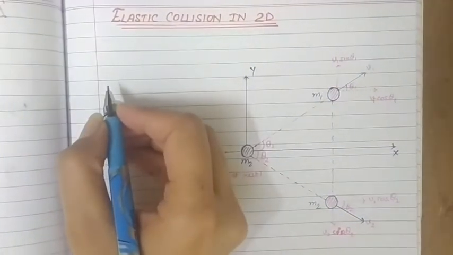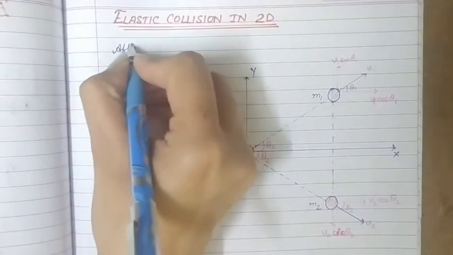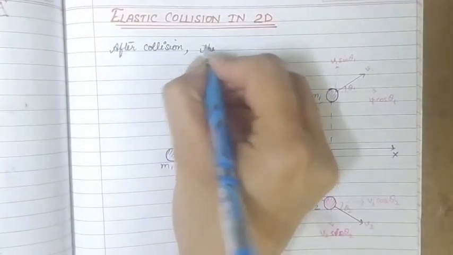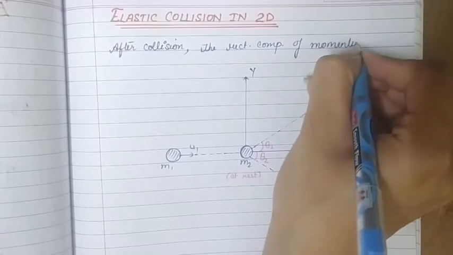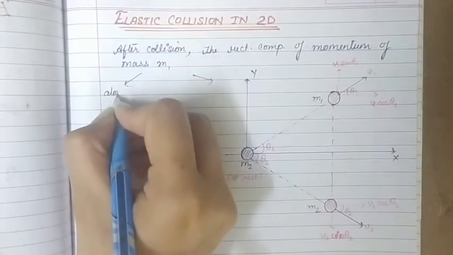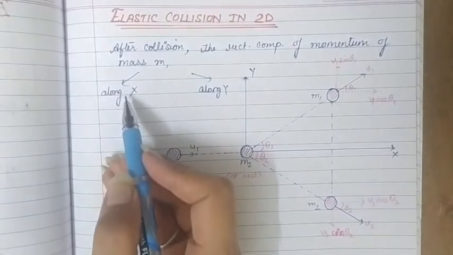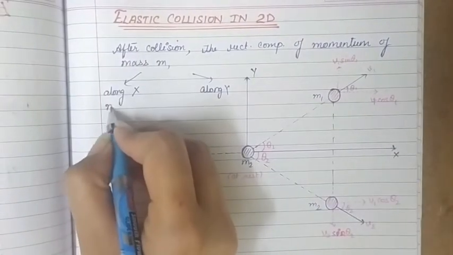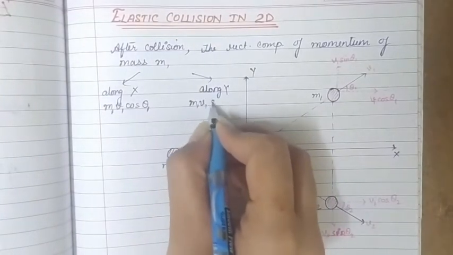First we consider the rectangular components of momentum of mass m1 after collision, along the x-axis and along the y-axis. Along the x-axis the component of momentum is m1 v1 cos theta 1, because the velocity in this direction is v1 cos theta 1, and along the y-axis it is m1 v1 sin theta 1.